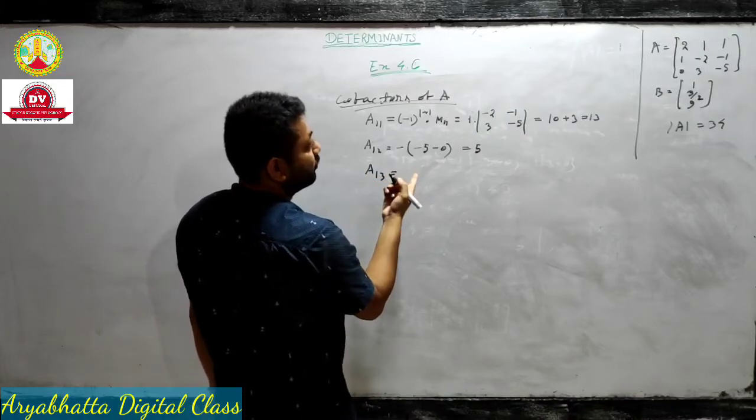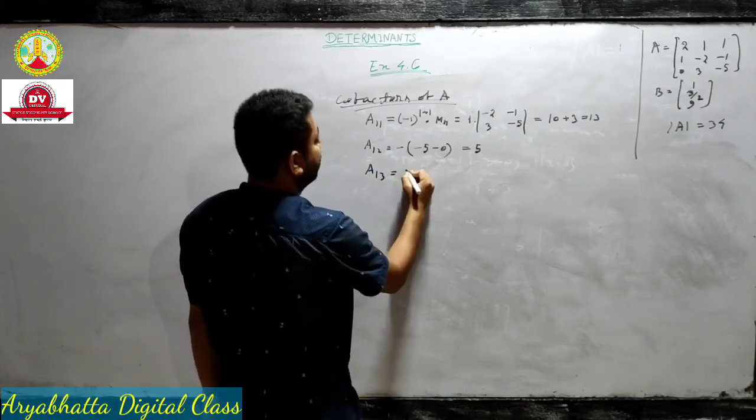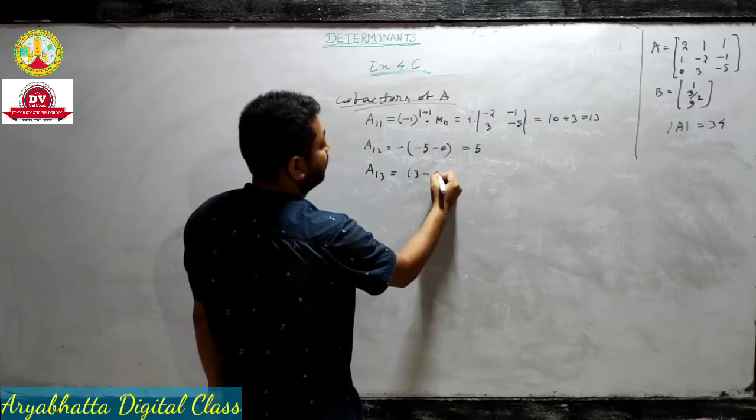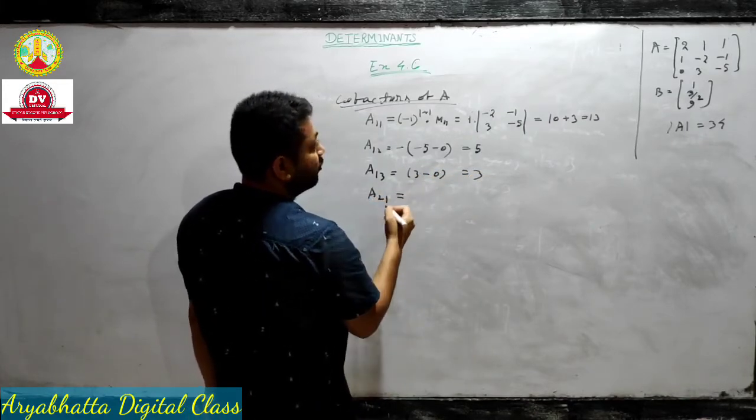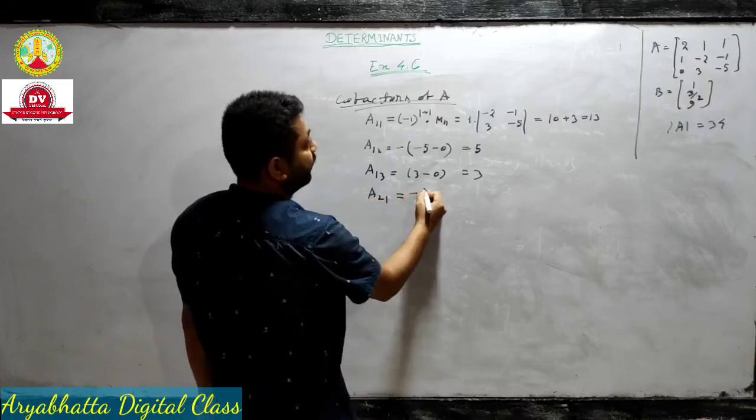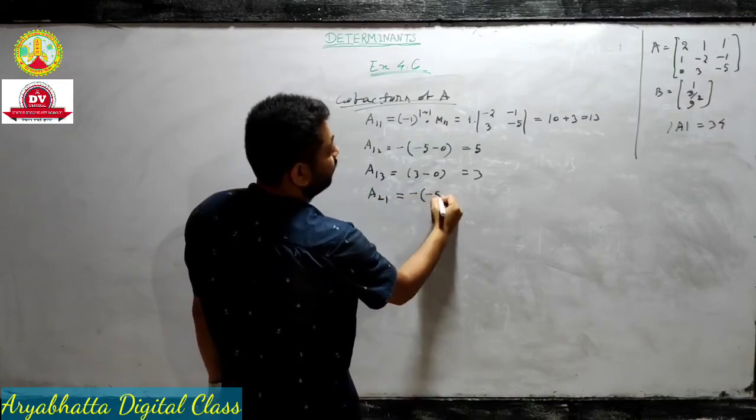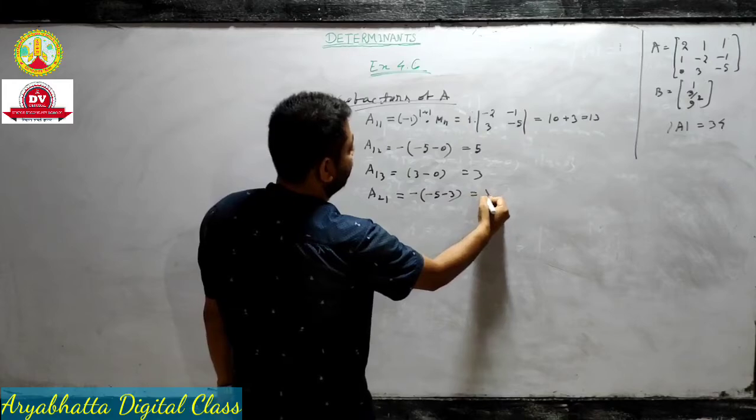A13 equal to plus 3 minus 0 is equal to 3. Next, A21 equal to minus 5 minus 3 equal to plus 8.